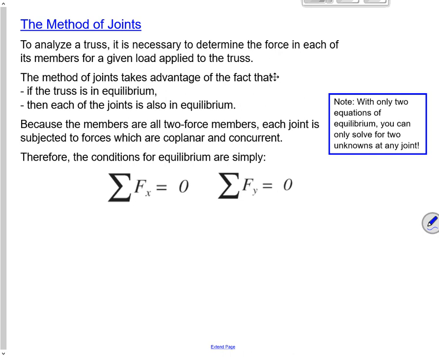That means there's no moments in this, right? I've eliminated the moment equation. There's no moments about that point. So the equations for equilibrium are simply sum of the forces x equals 0, sum of the forces y equals 0. Now, because I've only got two equations, that means any joint that I want to analyze, I can have at most two unknowns, because I can't solve for more than that.